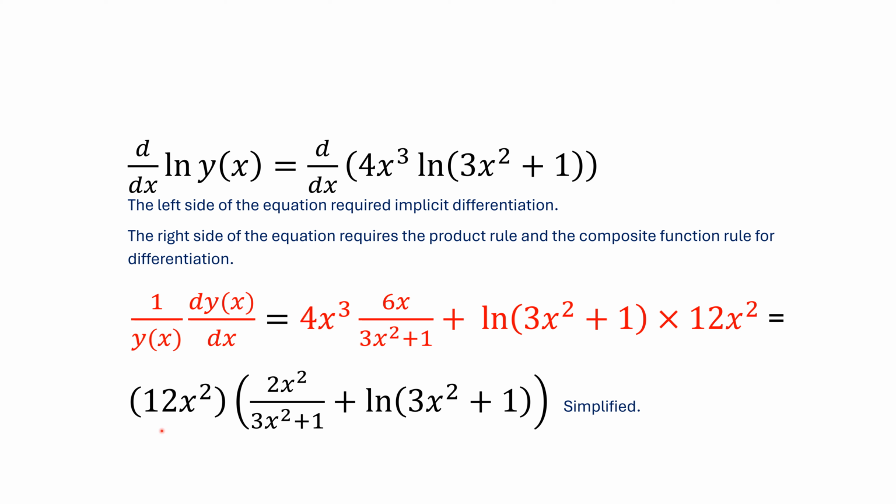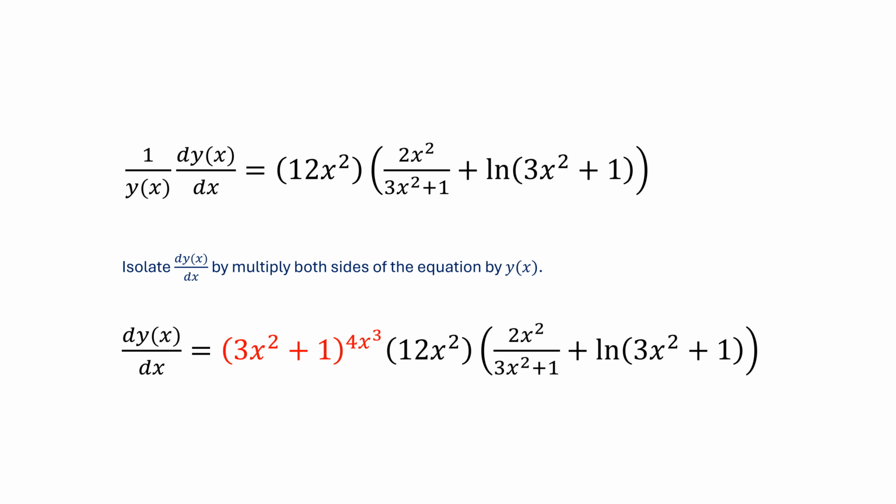So we can factor out a 12x squared and end up with 2x squared left over here over 3x squared plus 1. And on this side, the 12x squared has come out, and we're left with the logarithm of 3x squared plus 1. So we still have to deal with the 1 over y factor on the left.